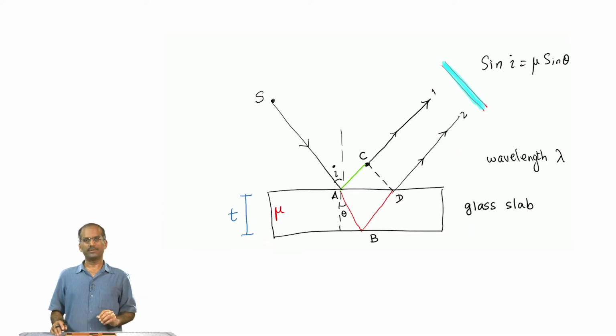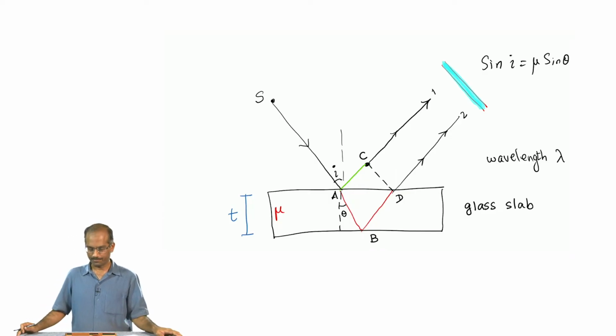In particular, what we saw in the last class was this setup. You had this glass slab, the material of which has a refractive index mu, and you had this point source of light generating light with wavelength lambda.